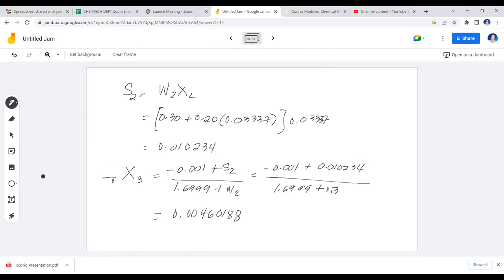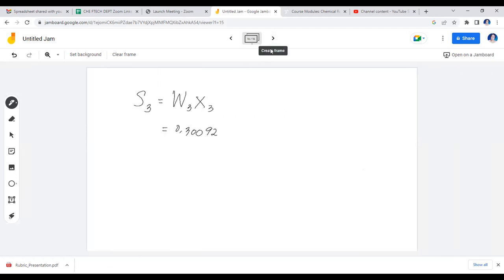Based on this one, class, because you will later on see that it's not the value that I have originally written, 0.30667. Because your W3 is the one that is 0.30092. You multiply it to X3, which is 0.00460188. You will have an S3 value of 0.00138847.